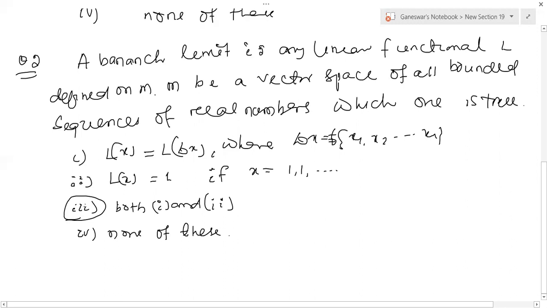A Banach limit is a linear functional L defined on M, where M is the vector space of all bounded sequences of real numbers, and it is true for both conditions, that means Lx equal to L delta x and Lx equal to 1. Both are considered. So the third option is true.